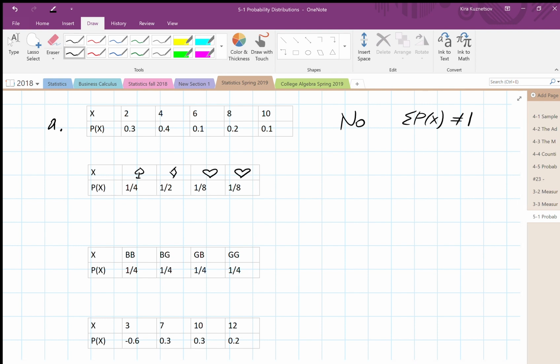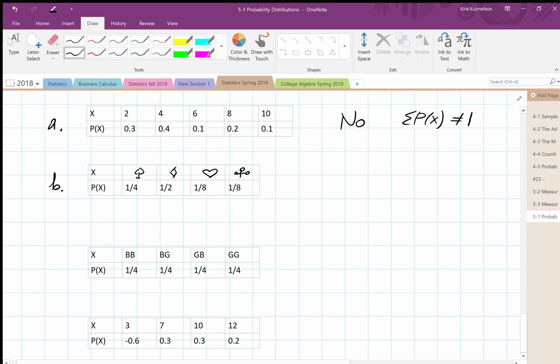I have hearts that are listed twice, and maybe it's a typo. Yeah, I think there's a typo in the book, but I'll draw it like this.